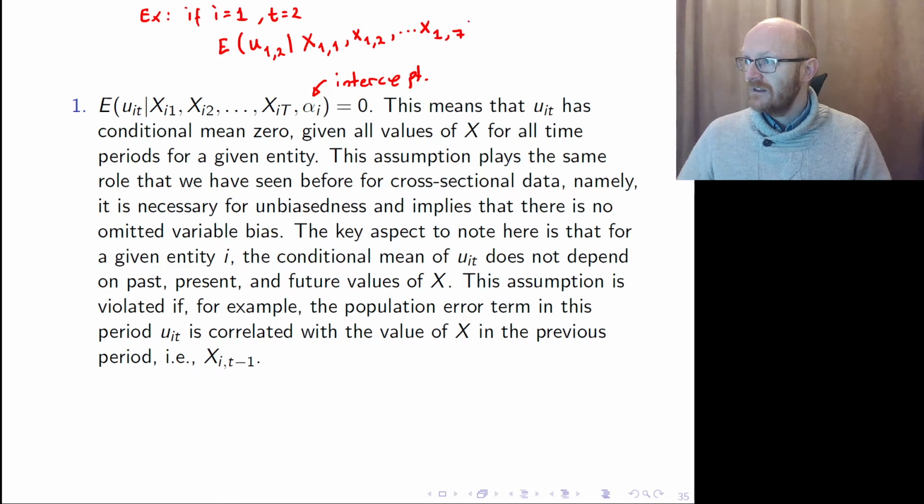In our case, we have 7 time periods, and we have to remember the intercept for the first entity, which is Alabama, the state of Alabama, and this should be 0.